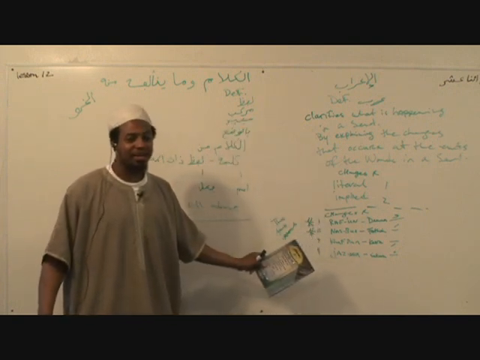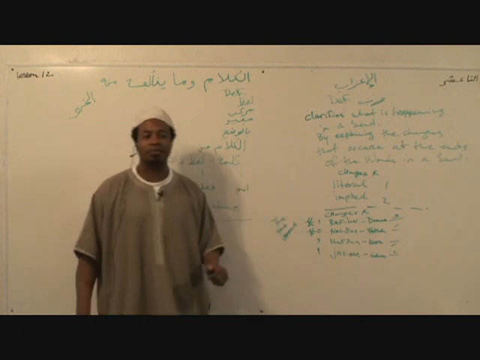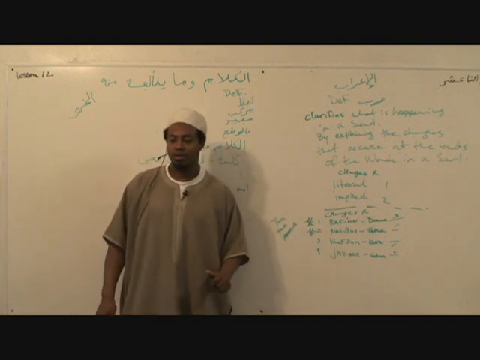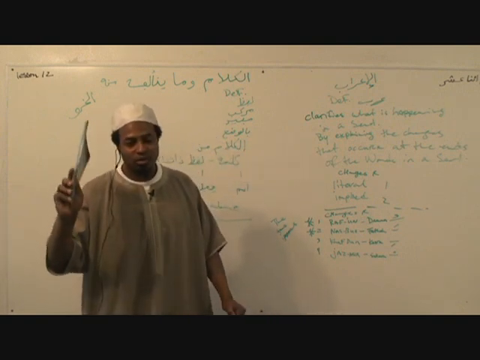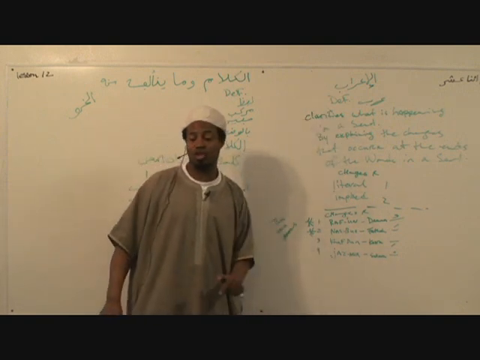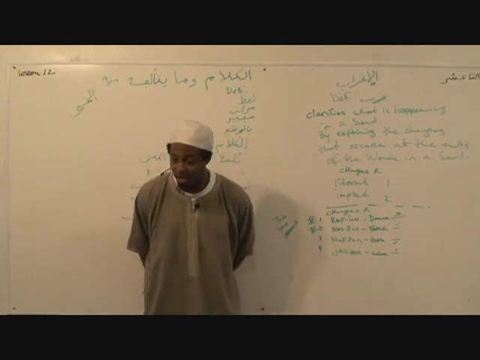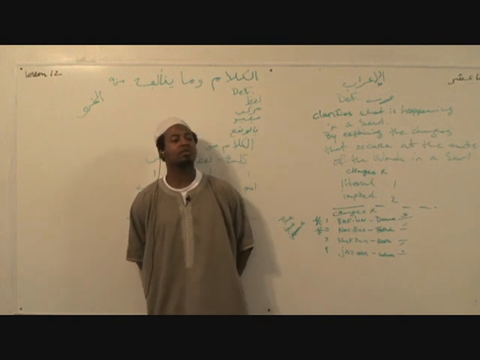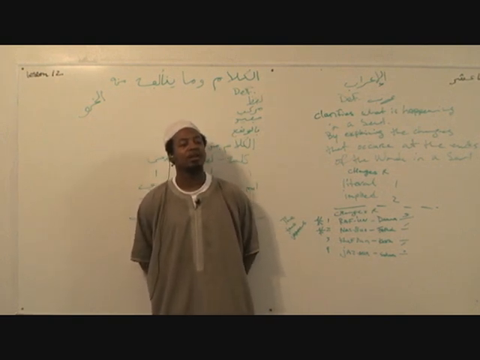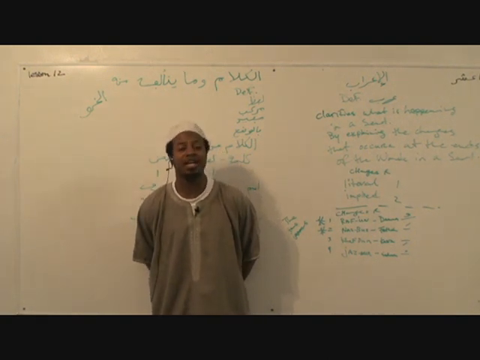Does everybody understand that? Now, if you understand that, explain to me what i'rab means. Al-i'rab, okay, no. Al-i'raab means to make something crystal clear. What does al-i'rab mean? That's a good answer though. Go ahead. She said it clarifies what is happening in the sentence by explaining what happened at the end of the word, not at the end of the sentence.